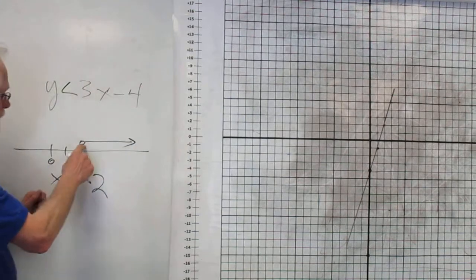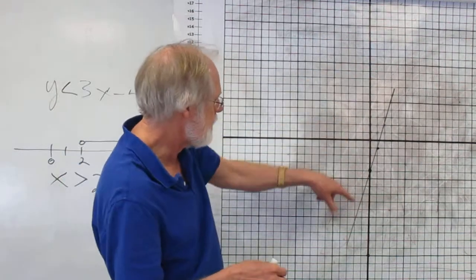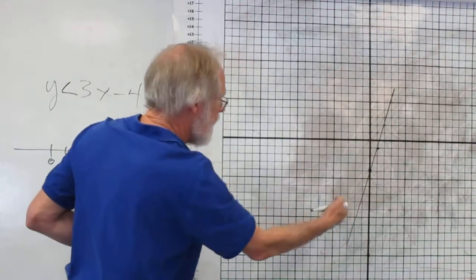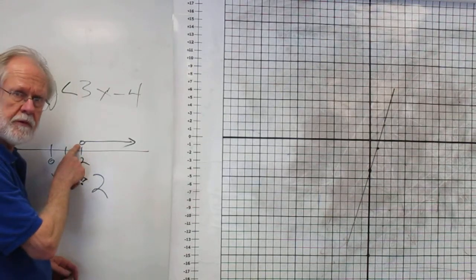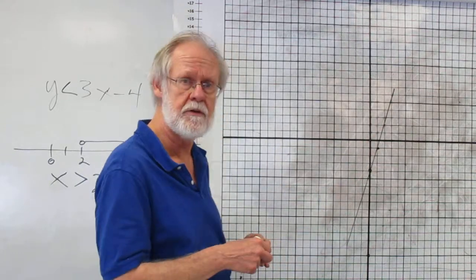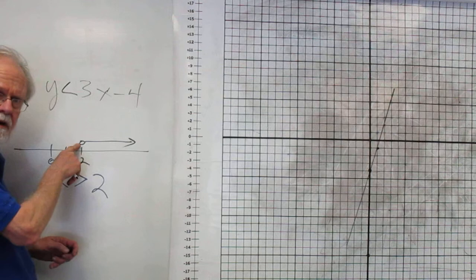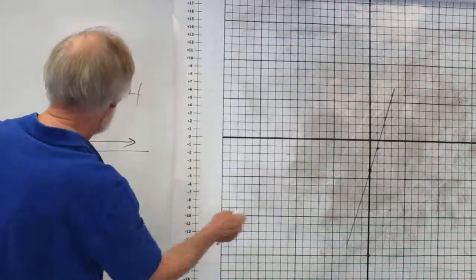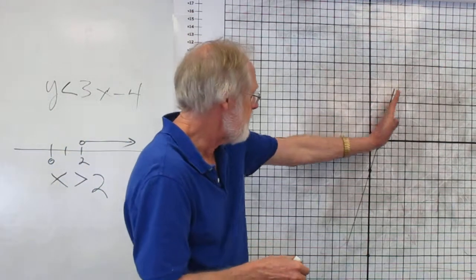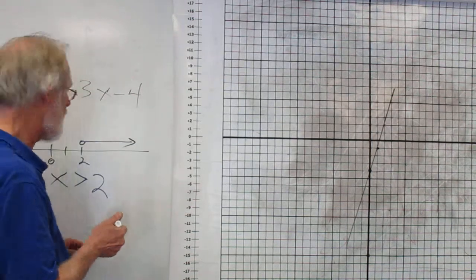Well, on the graph, the open circle versus the closed circle is going to be a dotted line, which would be the equivalent of the open circle, and a solid line, which would be the equivalent of a closed circle. The dotted line means that this line itself is not included in the inequality, as in this point not being included here, and the solid line is equivalent to a closed circle, which means that that line itself, or this point, is included in the graph.